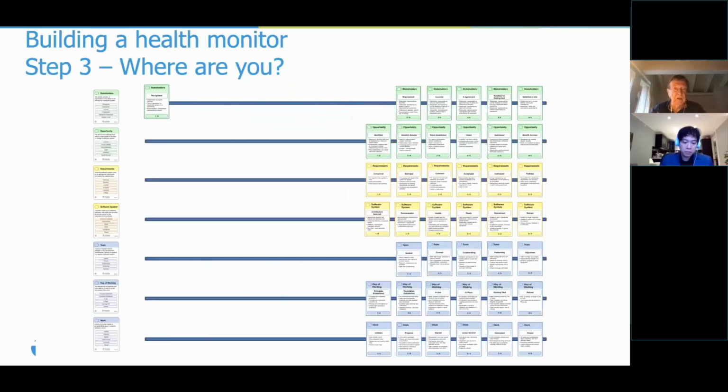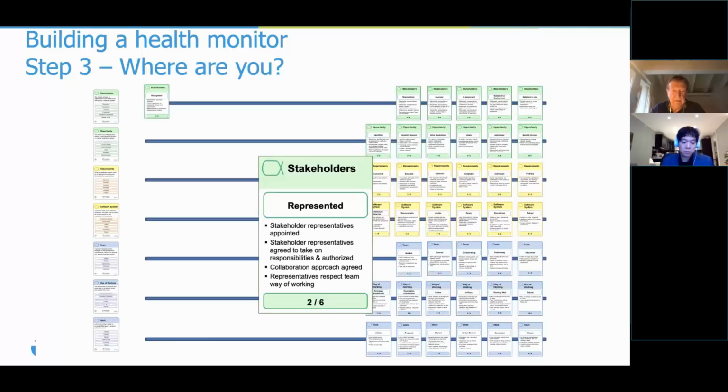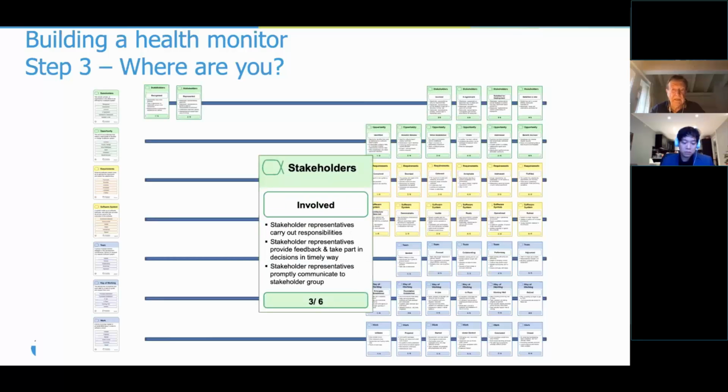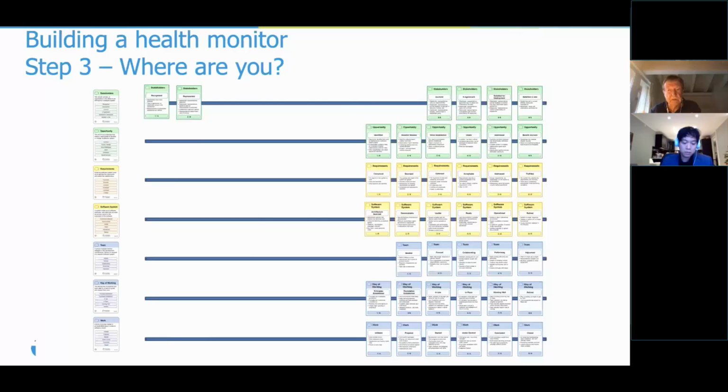We move a card to the left. Then we take the next card and do the same thing. To save time, I just click it here. We agree all this is done, so that card we also move to the left. We take the third card and look at that. No, we have not done this. So that card has to stay.